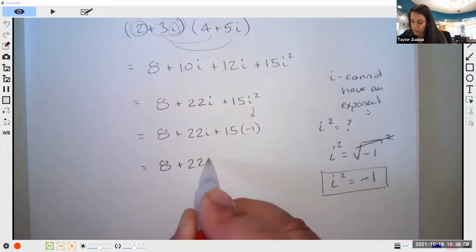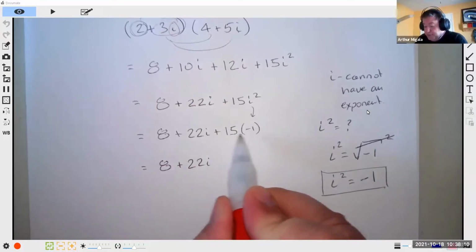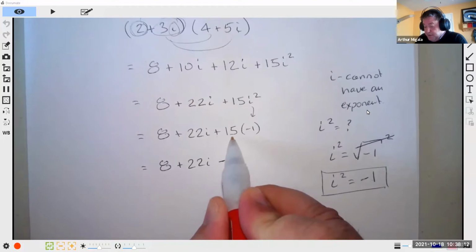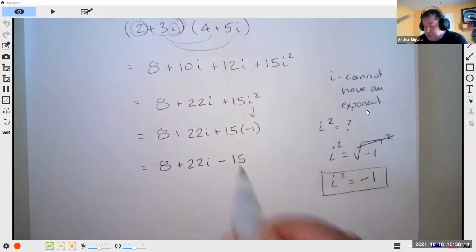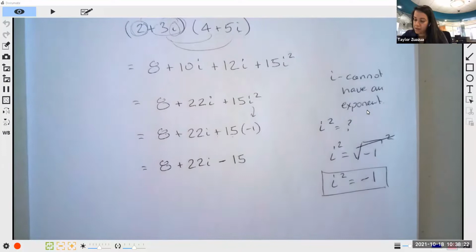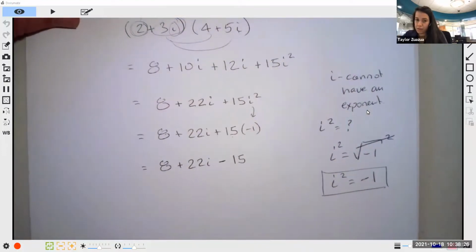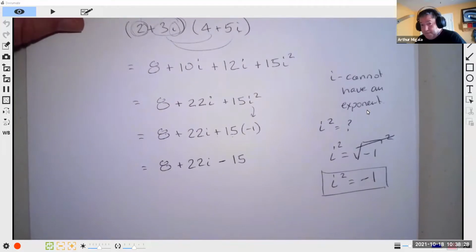So positive times a negative is a negative. 15 times 1 is 15, so minus 15.